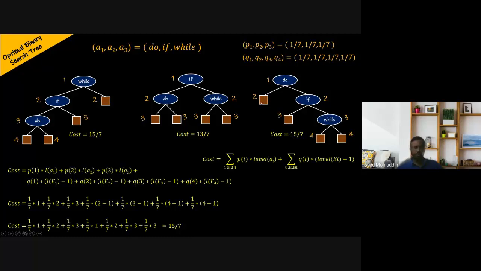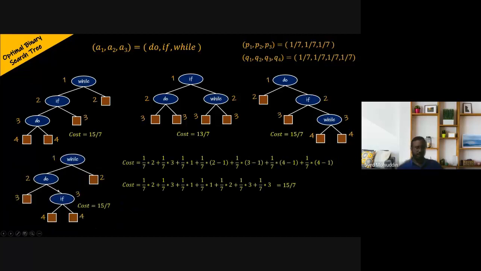Remember, the external nodes are under different orientation. That is how we have to compute the levels and apply the probability. Finally, we get the actual cost as 15 by 7 for even this tree.